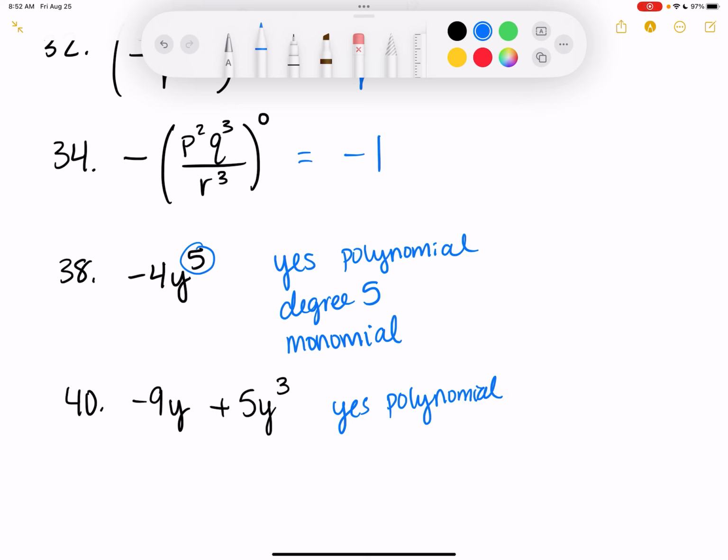But it doesn't say to do that, so you just have to find which one is the highest powered term. And in this case, what is the highest power that we have on our variable? Yep, so it's going to be degree 3. And we have 2 terms this time, so it's going to be binomial.